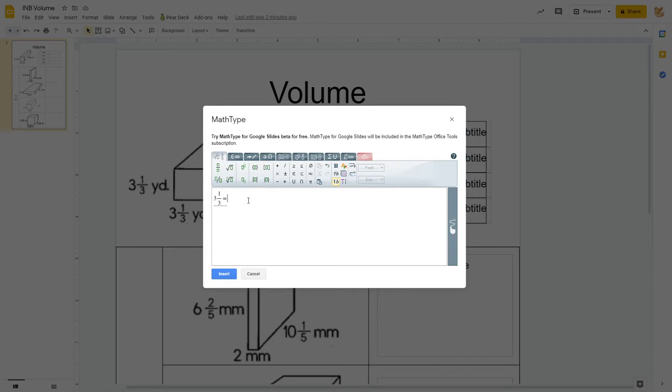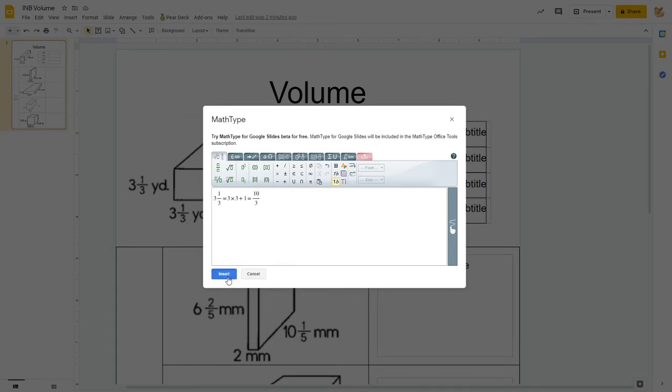To do that, I do 3 times 3 plus 1. Equals 3 times 3 is 9, plus 1 is 10. So my new numerator is 10, and my denominator stays the same as 3.